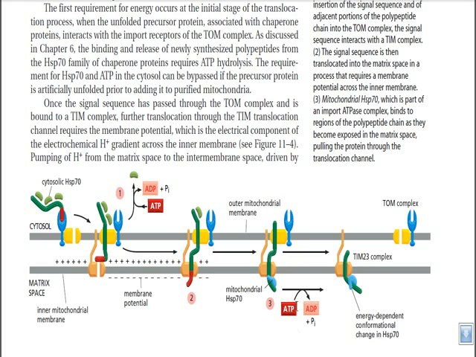They again hydrolyze the ATP into ADP and inorganic phosphate, and using the energy of this ATP hydrolysis, they pull this protein through the TIM23 complex inside the mitochondrial matrix. So that's how the process is done, and the protein is pulled inside the matrix, and again the Tom complex and TIM23 complex are dissociated, and they are ready for several rounds of protein translocation.